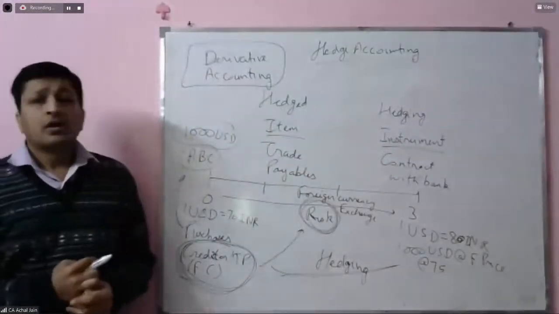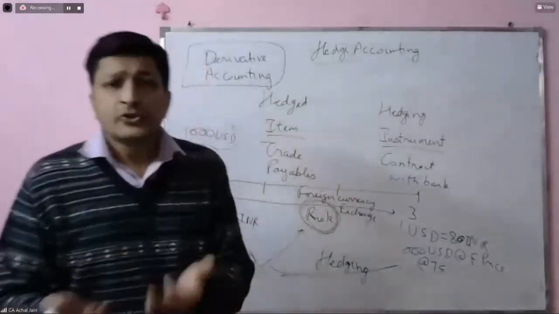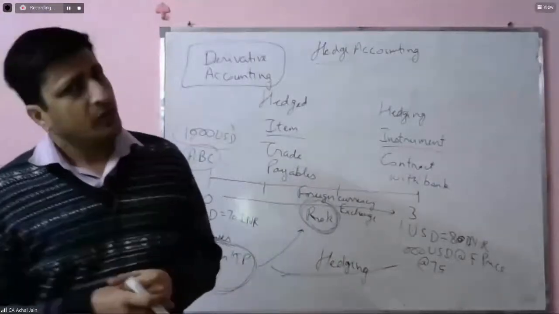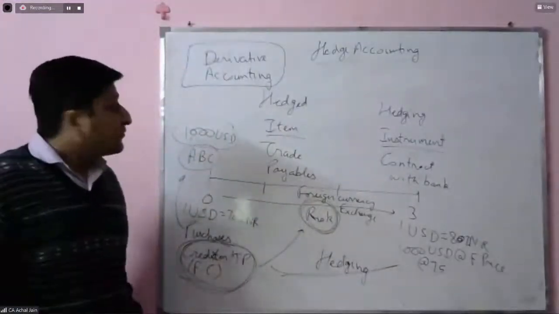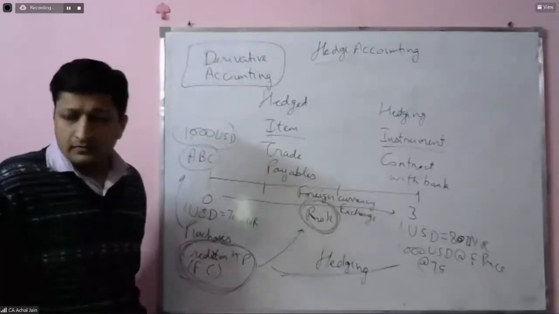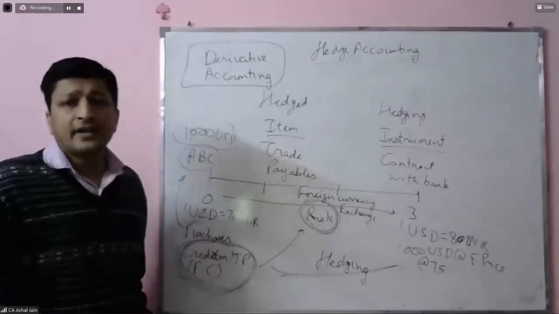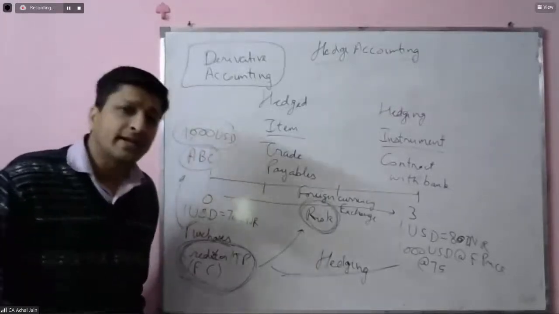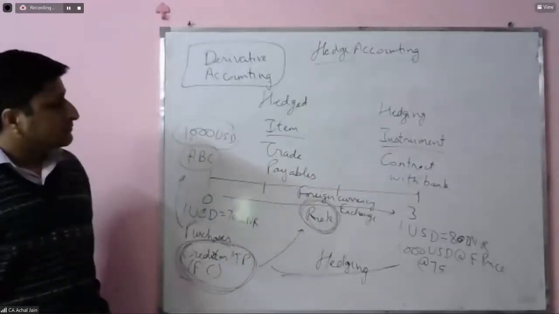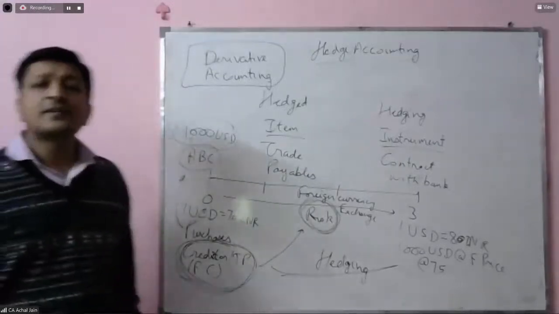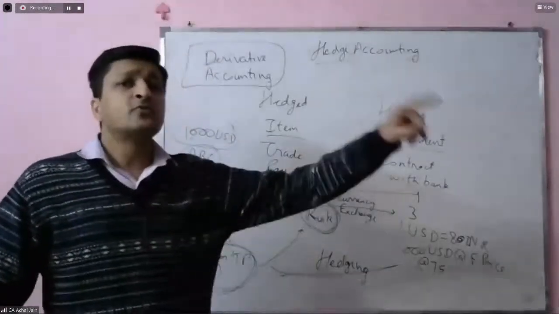Now, let us try to understand why a company will choose to do hedge accounting. Okay, clear? See, if you go back to derivative accounting, every time the impact of derivative accounting was going to P&L. As per derivative accounting, the instrument used to get measured at fair value, if you remember, and its impact used to go to P&L.